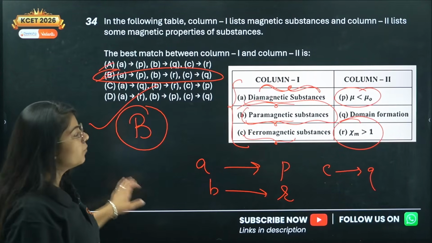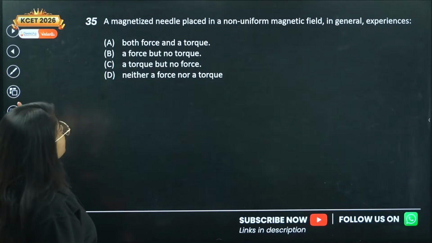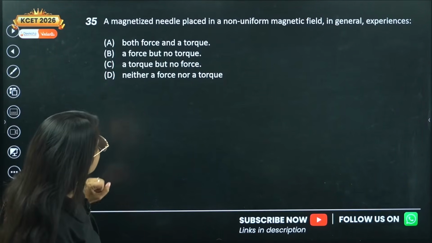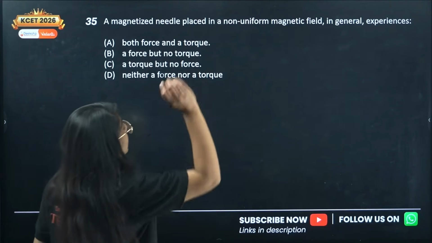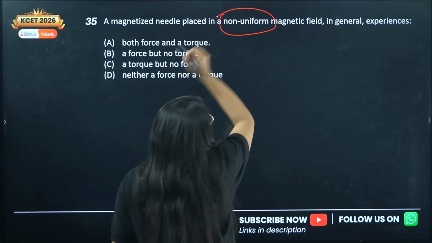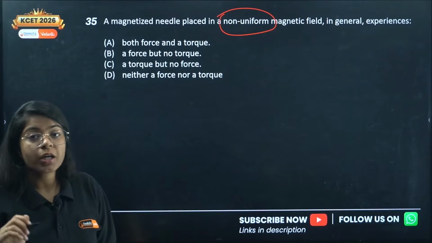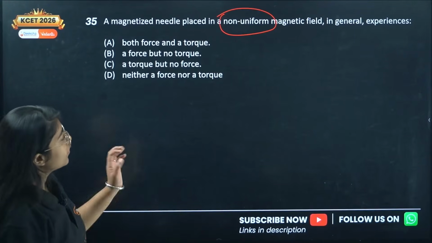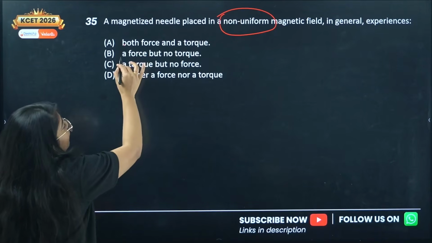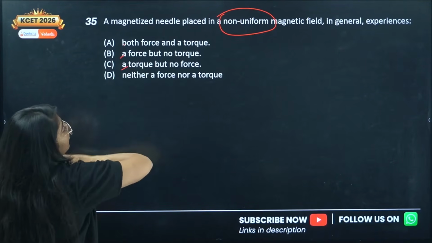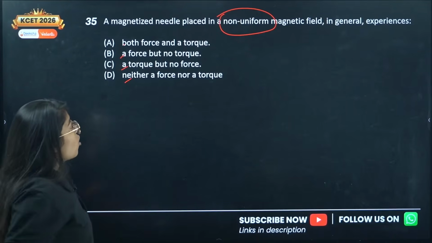Okay, understood? 35th question says, a magnetized needle placed in a non-uniform magnetic field. Clearly read it. It's clearly written that it's a non-uniform magnetic field. In general, it experiences both force and torque, a force but no torque, a torque but no force, or neither force nor a torque.